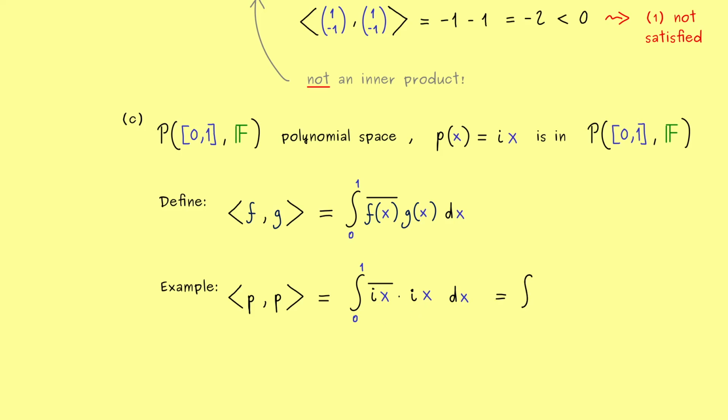However, I told you before, x is just a real number between 0 and 1, so we can just write x squared. And please note here, minus i times i is simply 1. Okay, now to solve this integral, we just need the antiderivative, which is 1/3 x to the power 3. And of course, we have to put in the limits, first 1 and then 0. And then we see the result is simply 1/3.